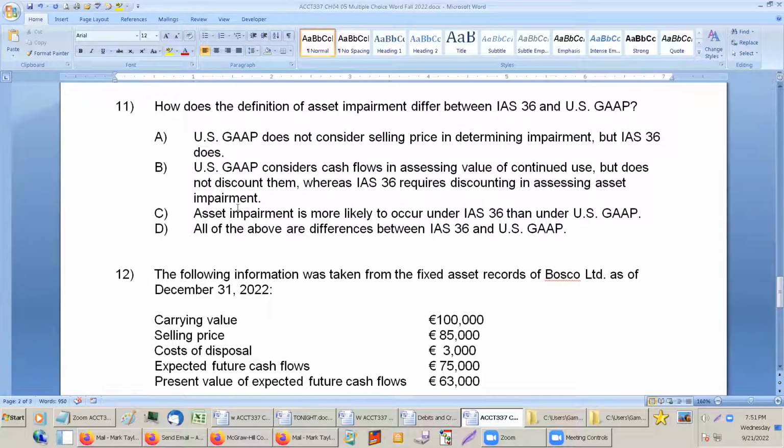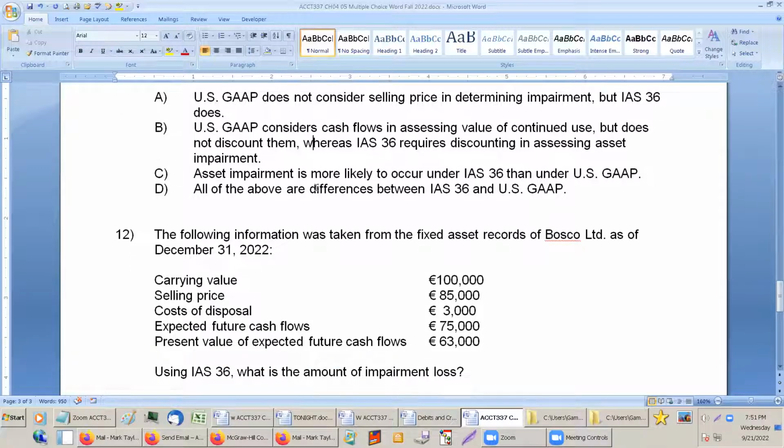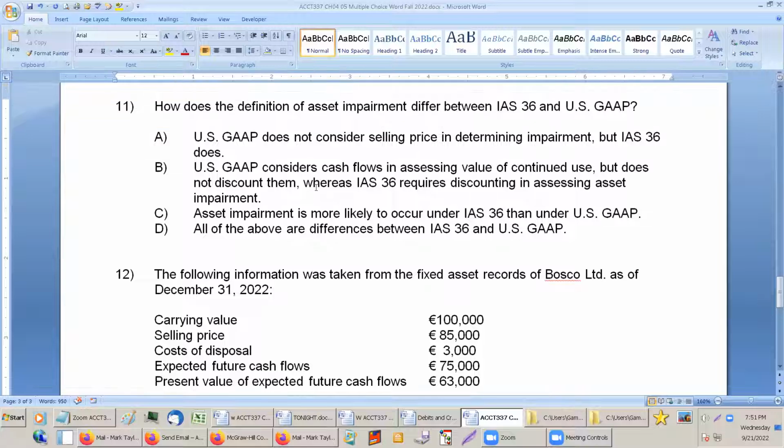Okay, how does the definition of asset impairment differ between international and GAAP? Is it all of the above?